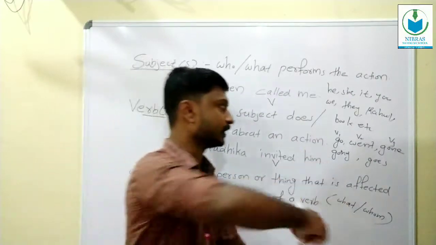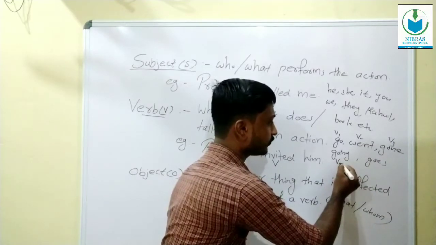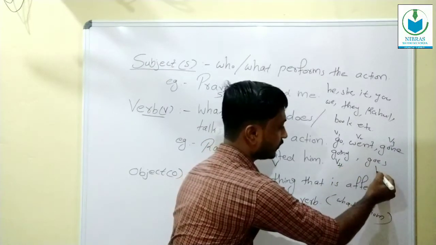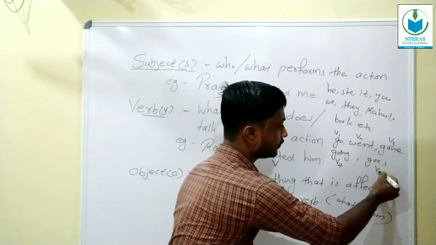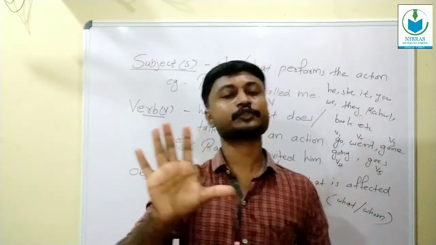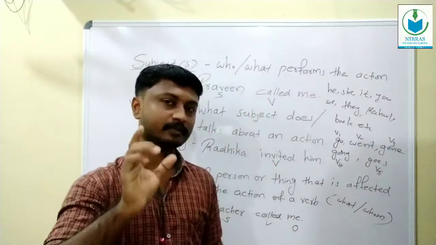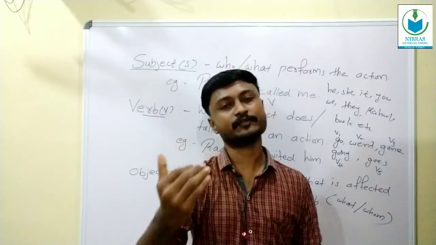In this order V1, V2, V3, we can say going, the ing form of the verb, is V4 and goes, the s form of the verb, is V5. So there are 5 forms to a verb. You have to keep this in your mind.